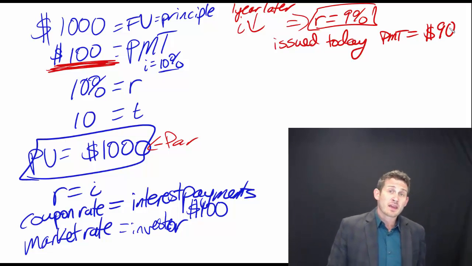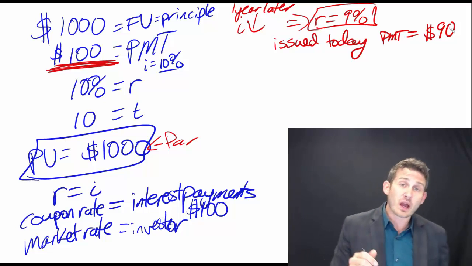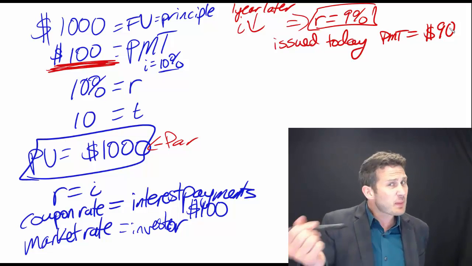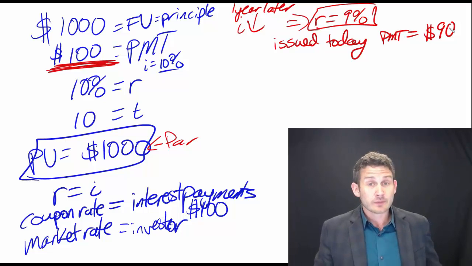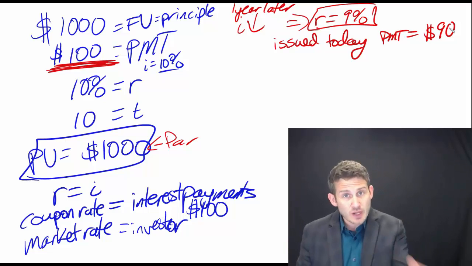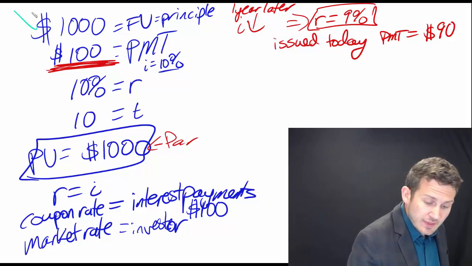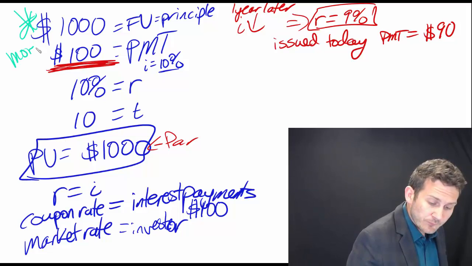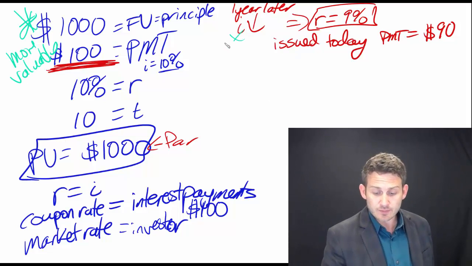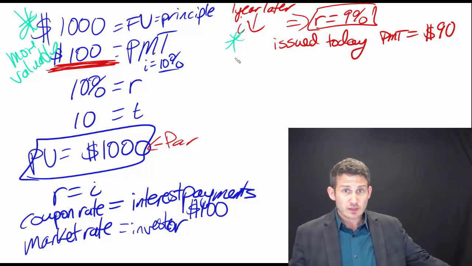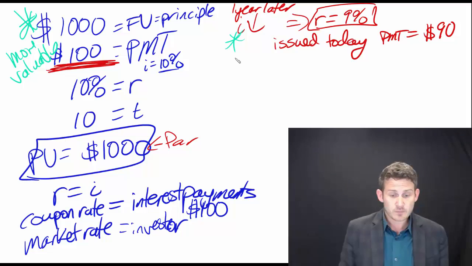But instead, whoever is holding on to this bond is receiving $100. Would you rather be getting paid $100 or $90? You'd rather be getting paid $100. So the one on the left is more valuable than the one on the right.